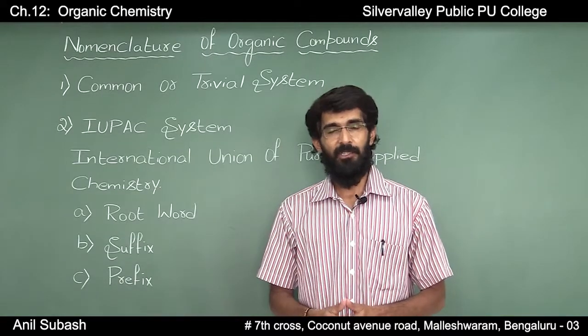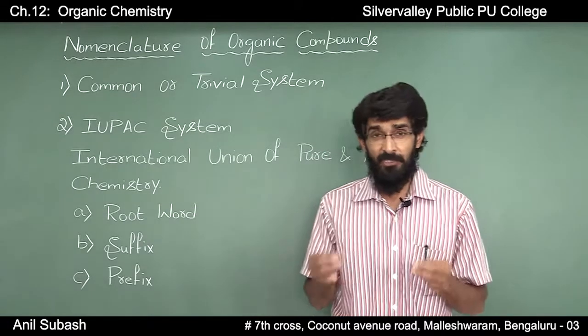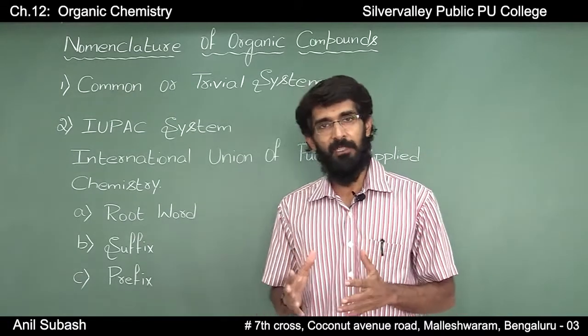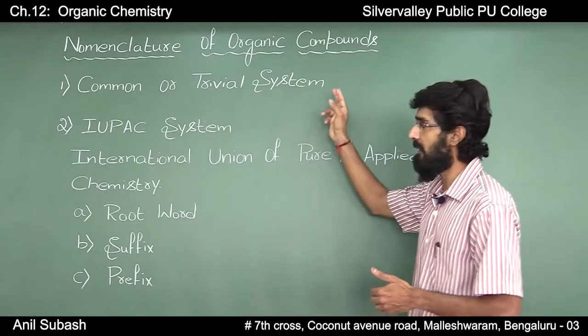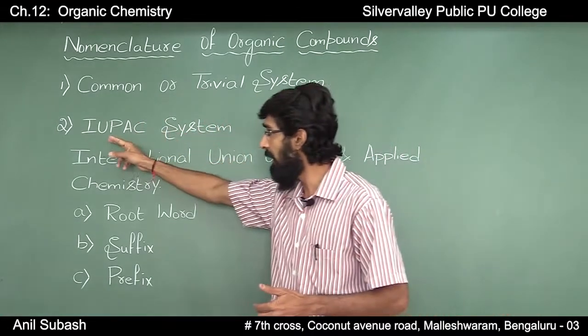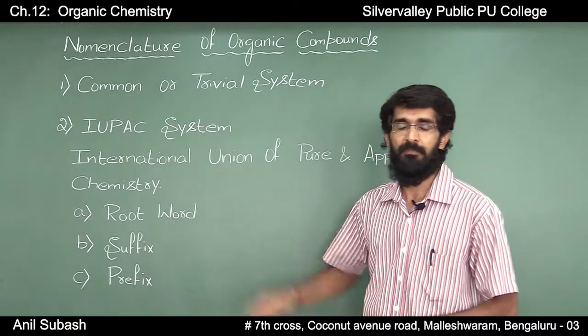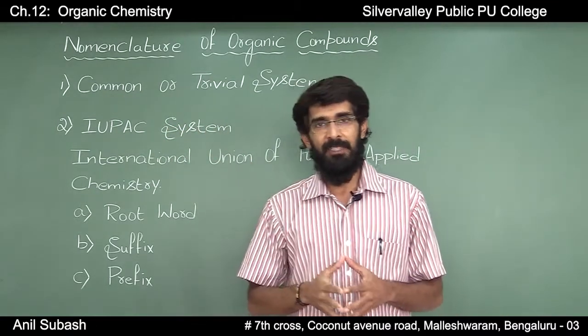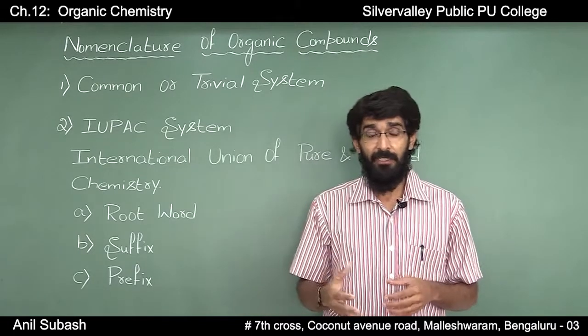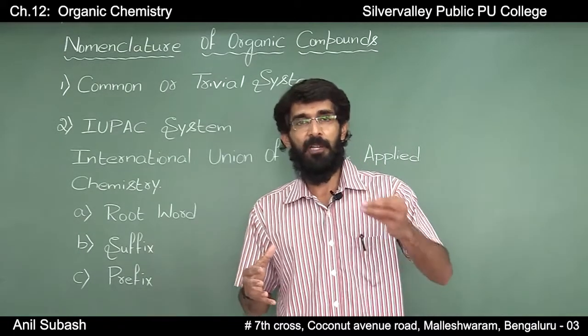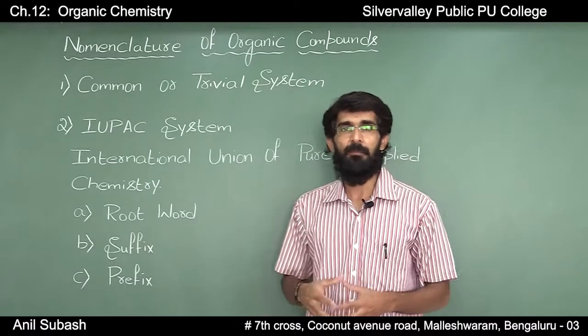Nomenclature of organic compounds. There are two systems to name an organic compound. First one, the common or trivial system, and the second one, the IUPAC system. In the common or trivial system, the name of the organic compound was derived from the source from which it was obtained.